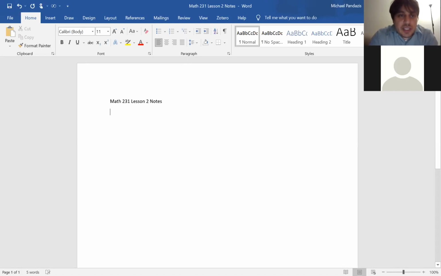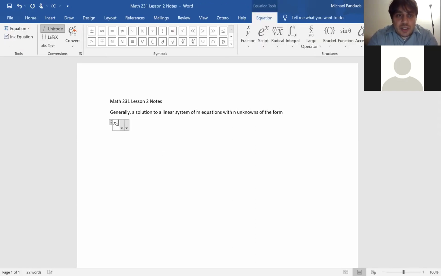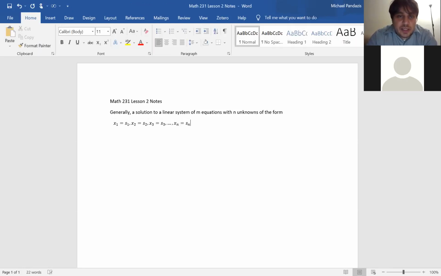Okay, so generally, a solution to a linear system of m equations with n unknowns can be of the form x1 equals s1, x2 equals s2, x3 equals s3, ... xn is equal to sn.